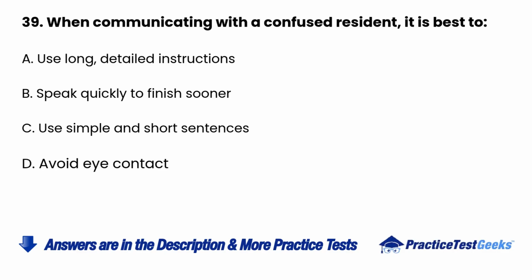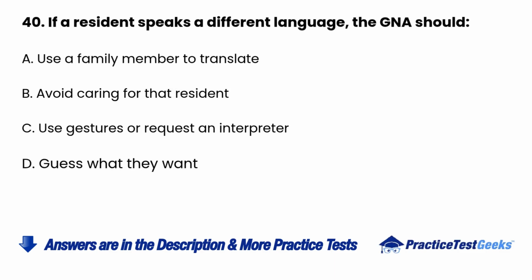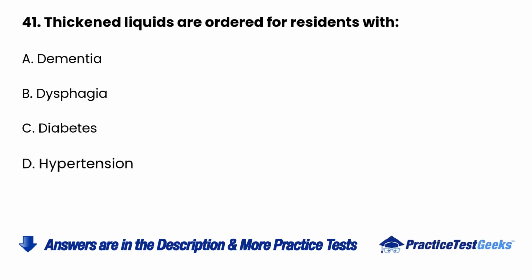D. Avoid eye contact. 40. If a resident speaks a different language, the GNA should A. Use a family member to translate. B. Avoid caring for that resident. C. Use gestures or request an interpreter. D. Guess what they want. 41.